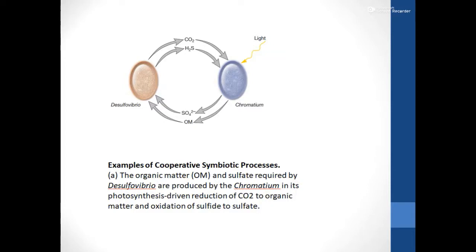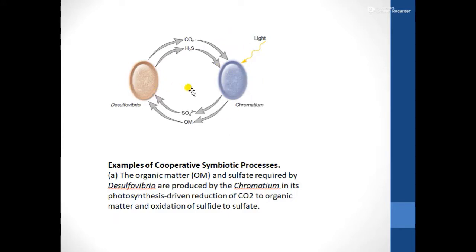So Chromatium is the photosynthetic member, and it utilizes light and synthesizes organic matter and sulfate, which are provided to Desulfovibrio. Desulfovibrio in turn utilizes this organic matter and sulfate and releases carbon dioxide and hydrogen sulfide, which can in turn be utilized by Chromatium.